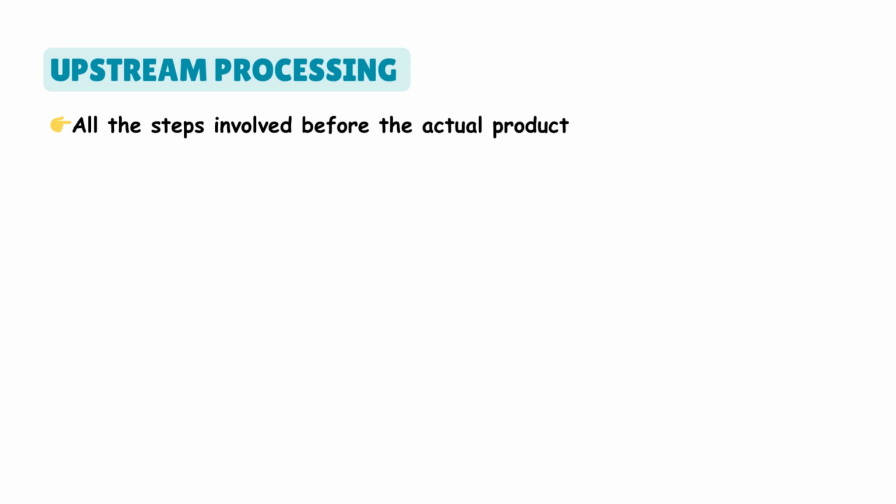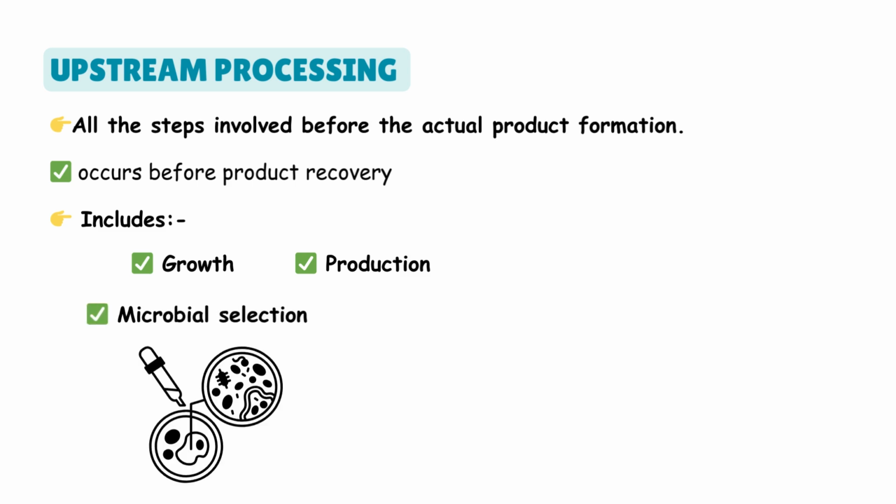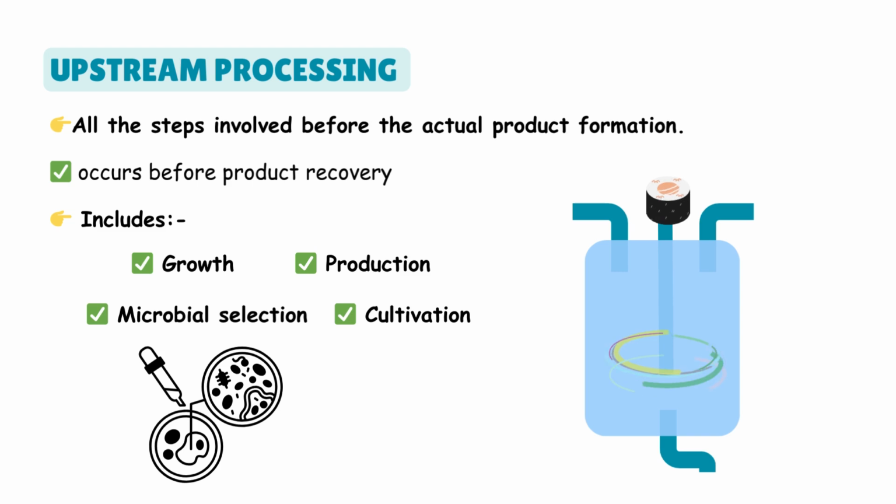What is upstream processing? Upstream processing refers to all the steps involved before the actual product formation in the bioprocess. In simple words, upstream processing occurs before the product recovery, and it mainly focuses on the growth and production conditions. It includes everything from microorganism selection to cultivation in a bioreactor.